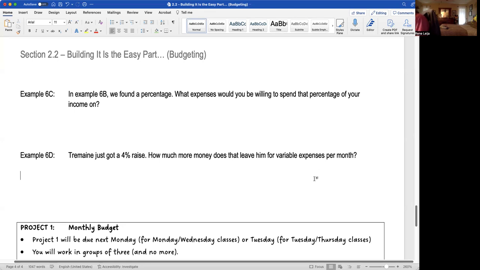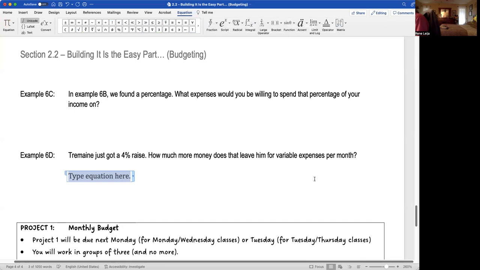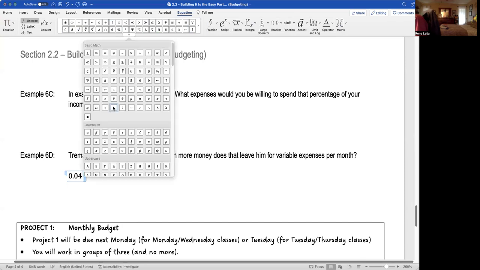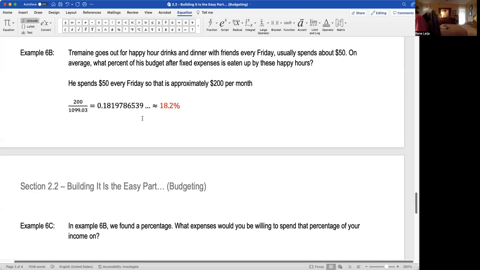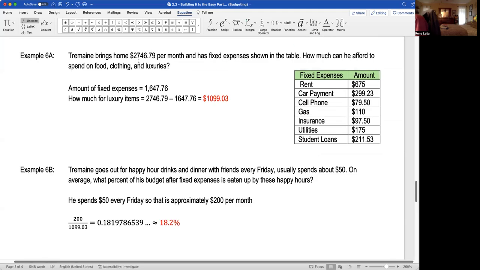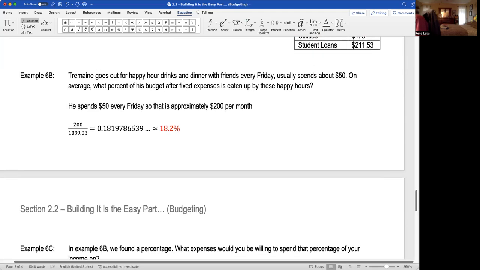Okay, well, if he got a 4% raise, that's 0.04. So 0.04, and then we are going to multiply that by what his salary is. His salary is 2646.79.